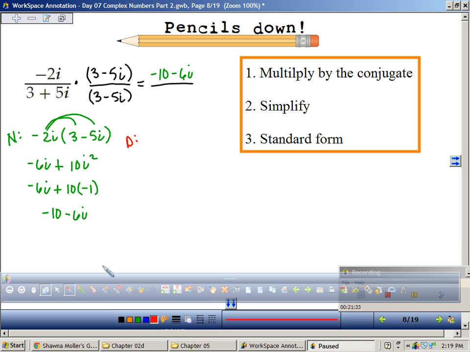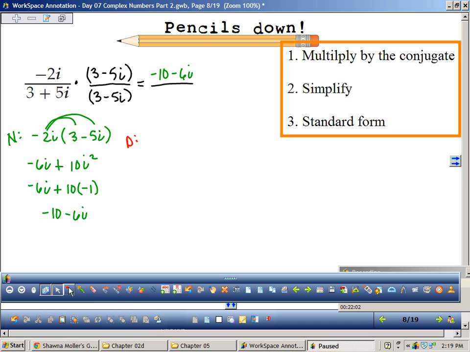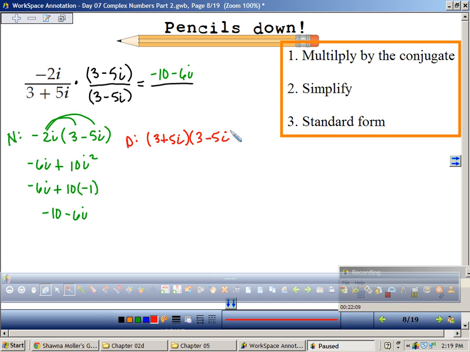So my denominator is 3 plus 5i times 3 minus 5i. Difference of two squares, correct? Where 3 is my first term and 5i is my second term. So 3 squared is 9 minus, I have to distribute that square to both, right? If this is 5i squared, then isn't that 5 squared i squared?